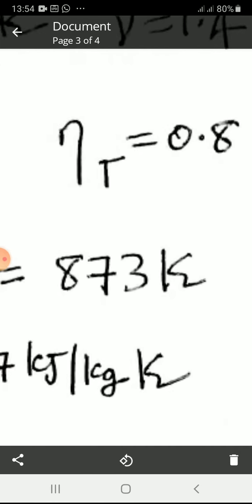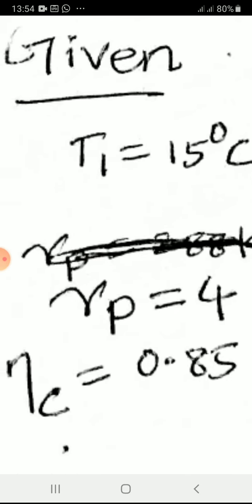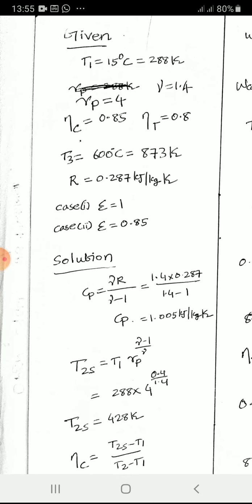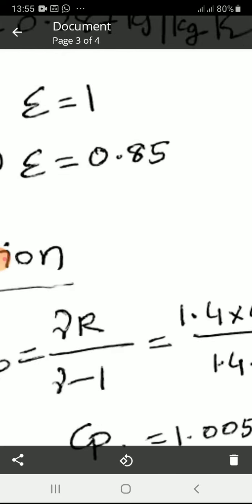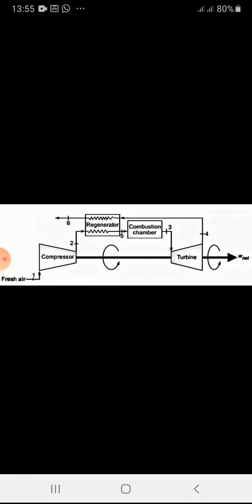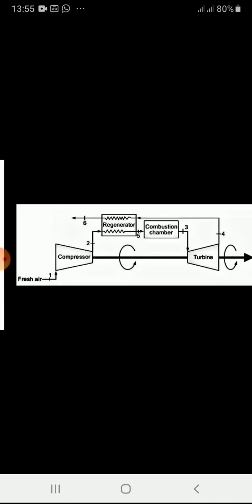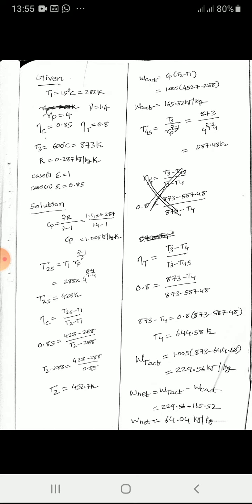Now if you see the given data, temperature T1 is 15 degrees Celsius, that is 288 Kelvin, and pressure ratio is 4. In the question it is given as 4 times the initial pressure. So we are taking pressure ratio as 4 and gamma is 1.4.